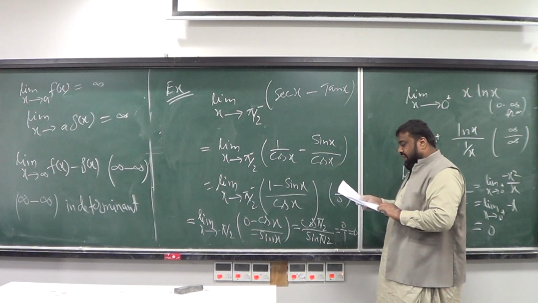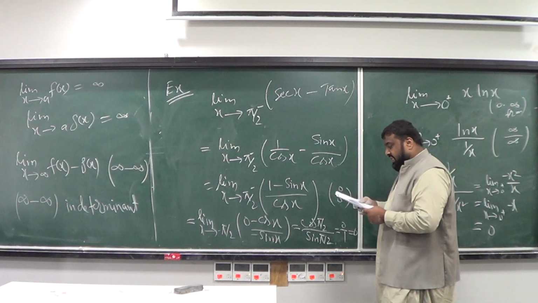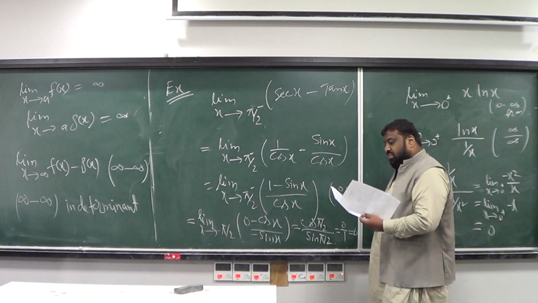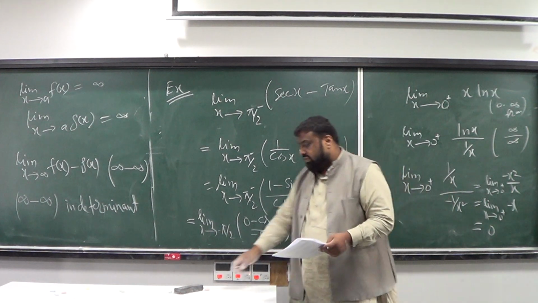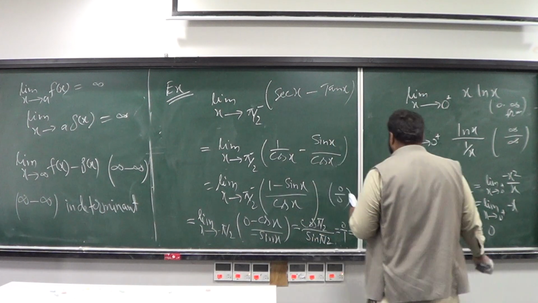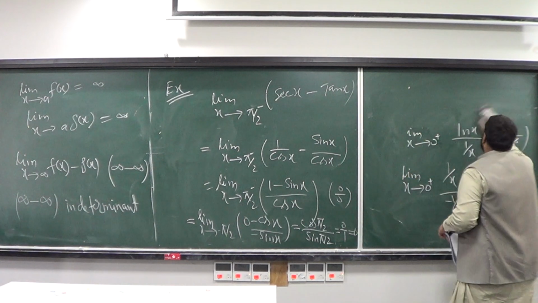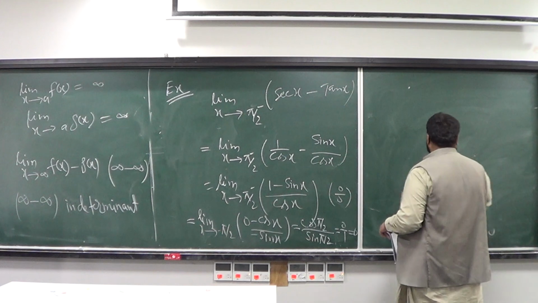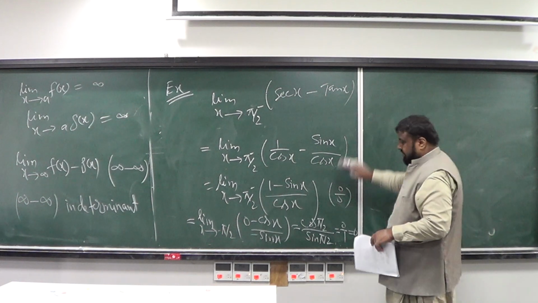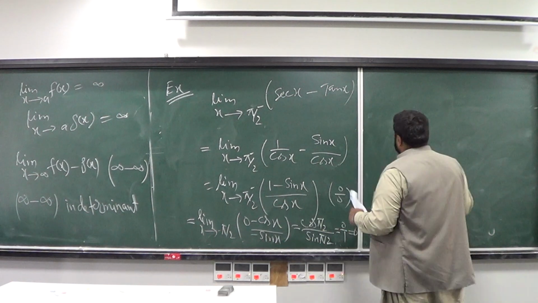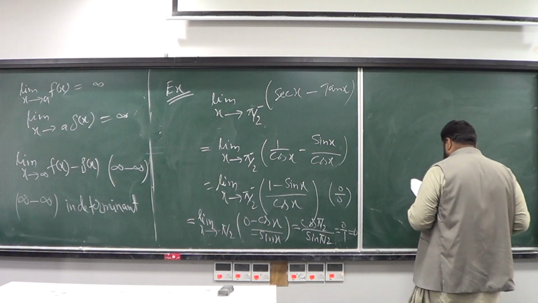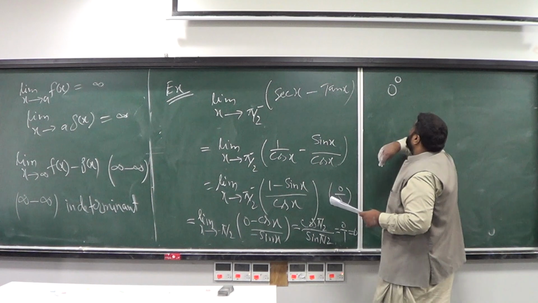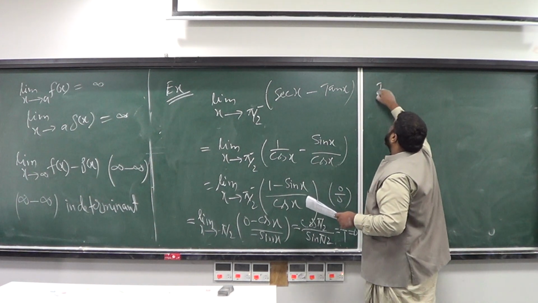This is the fourth one. Now I would like to move towards some more indeterminate forms and maybe list some. By the way, 0 power 0 is an indeterminate form.